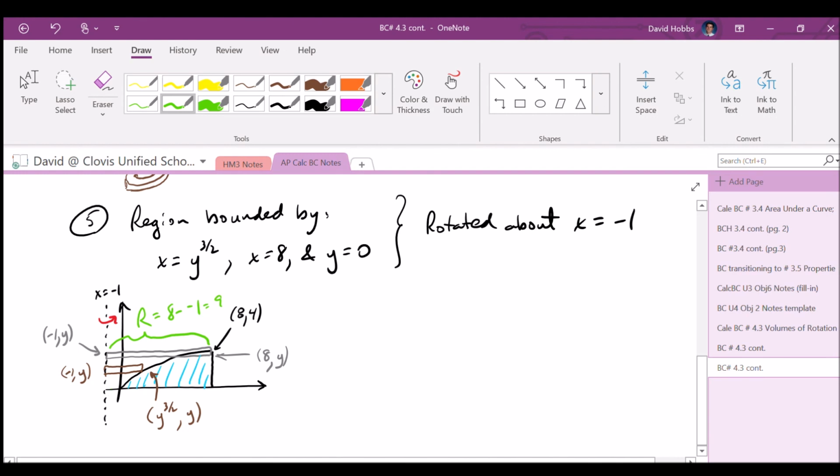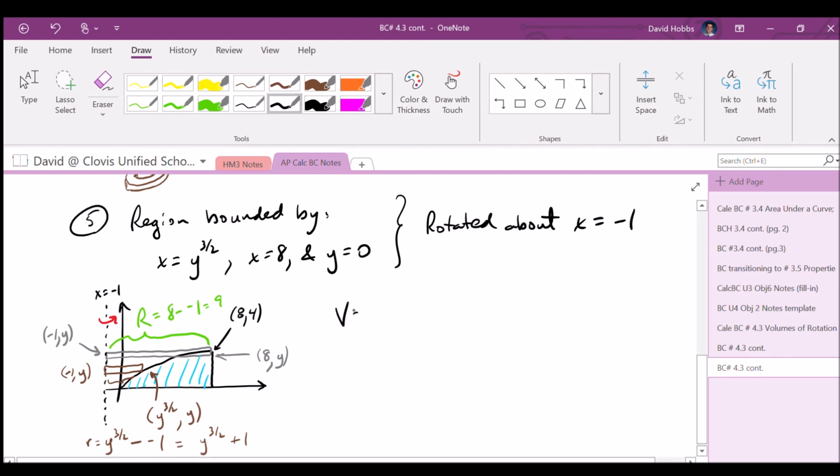My little r is right side minus left side, so little r is y to the 3/2 minus negative 1, which is y to the 3/2 plus 1. Okay, so we're ready to set it up.